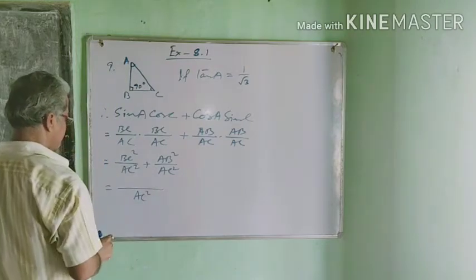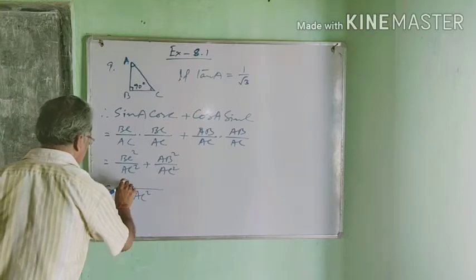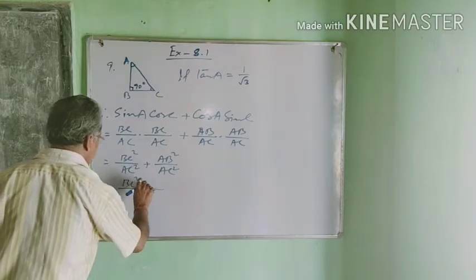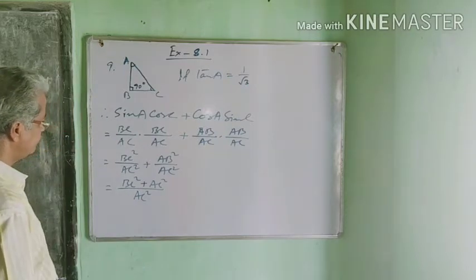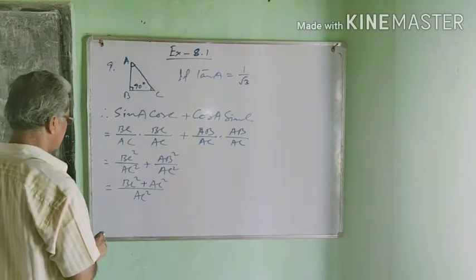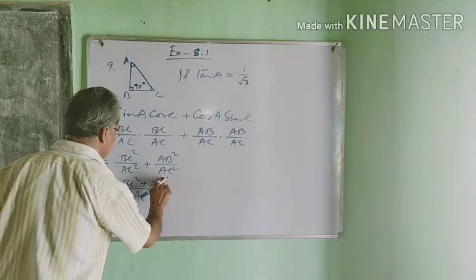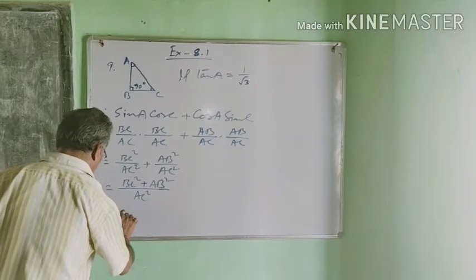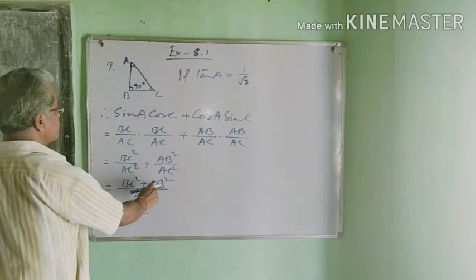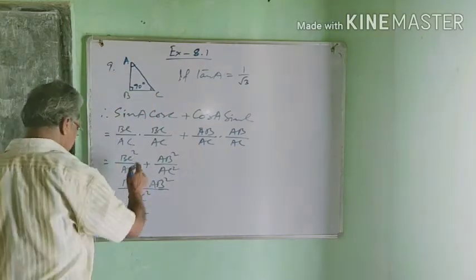The denominator is AC square, and ultimately the numerator will be BC square plus AB square. Again from Pythagoras theorem, AB square plus BC square is AC square.